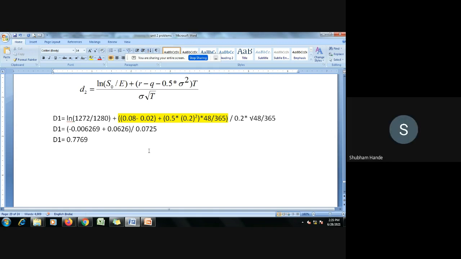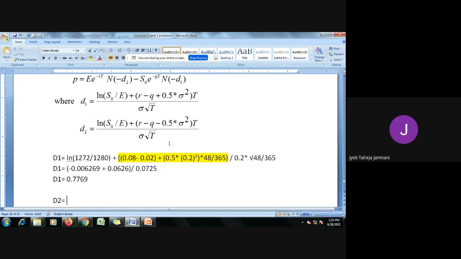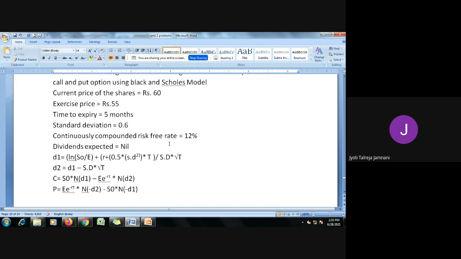Yes, ma'am. D2, we can use that shortcut formula and solve. So just finish till D2.